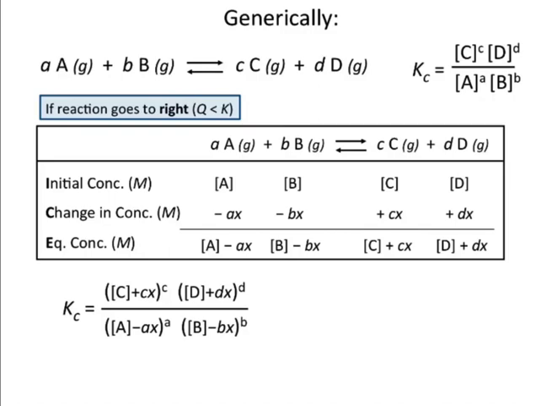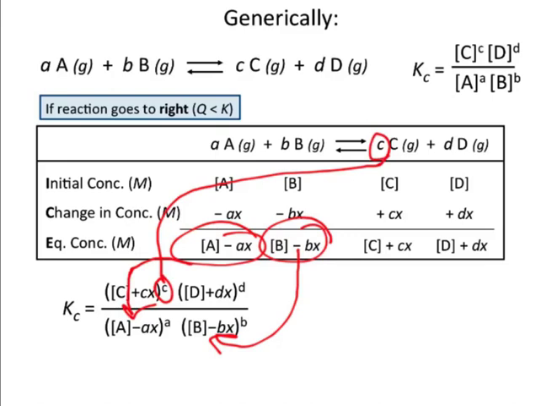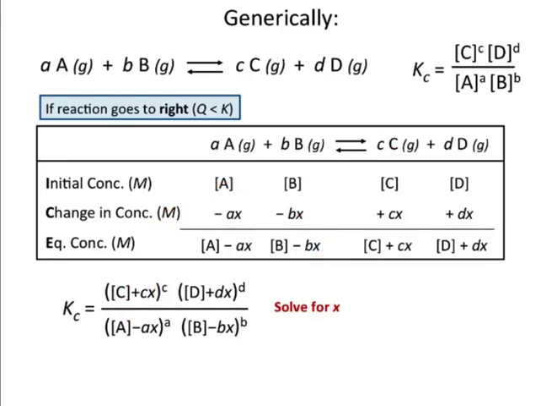And then you plug whatever the bottom line is into the expression. All right, so these go here. And then these coefficients come from the chemical equation. And then you just solve for x. Then once you have x, you plug it into this bottom line, and then you can find what the equilibrium concentrations are.